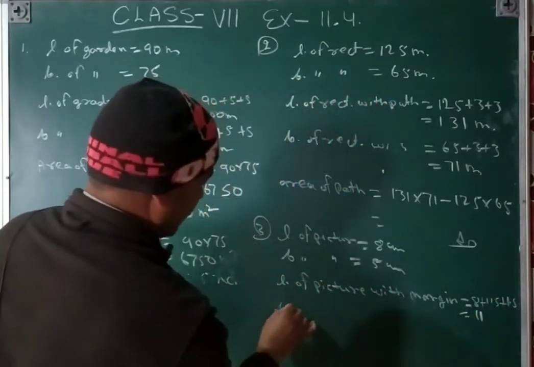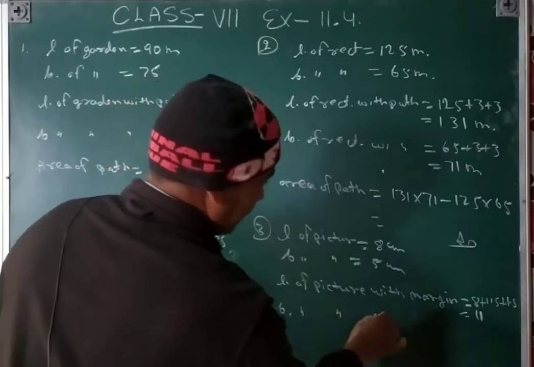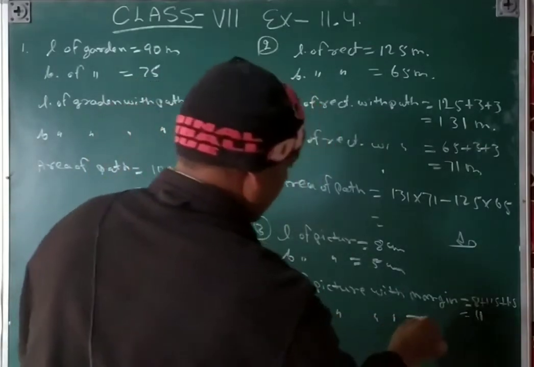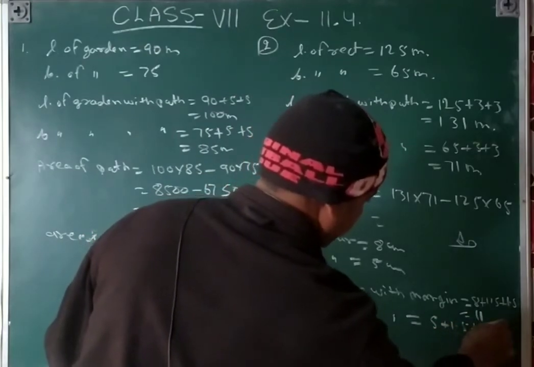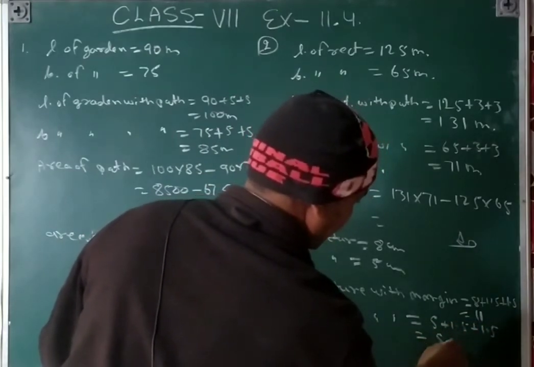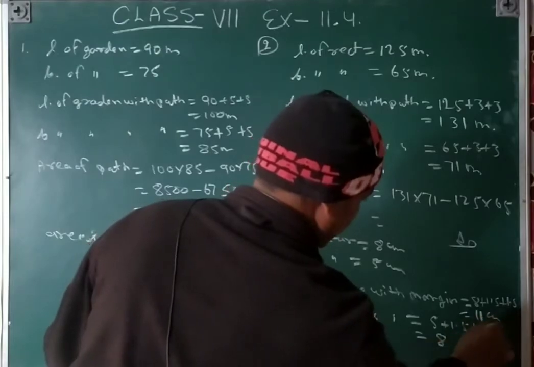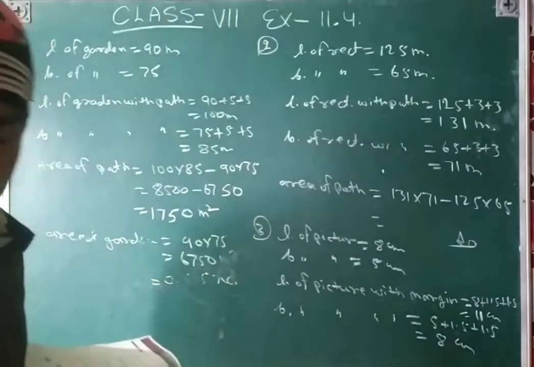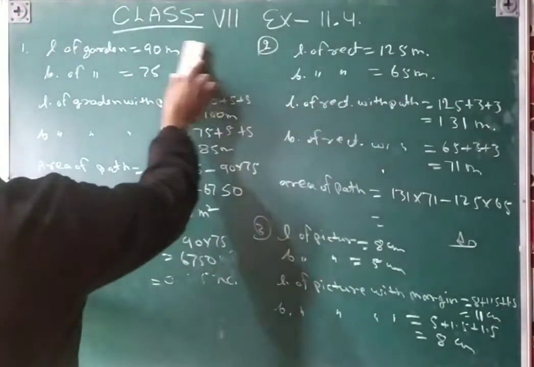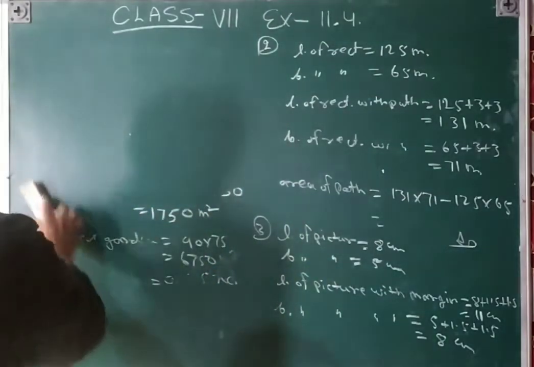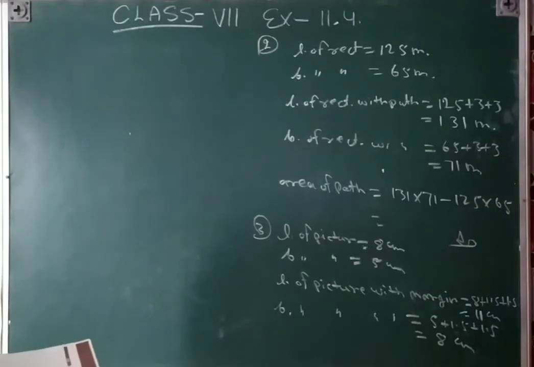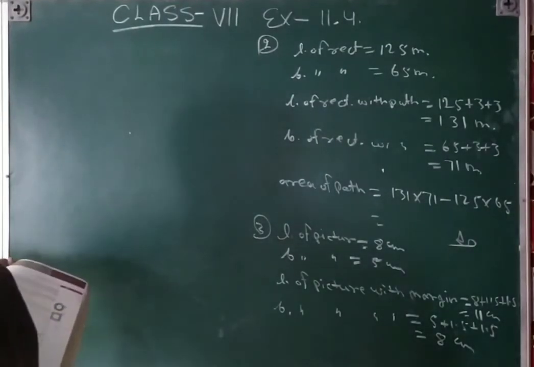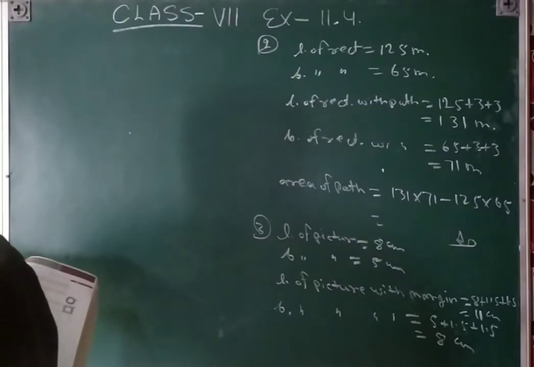And then breadth of picture with margin is equal to 5 plus 1.5 plus 1.5, that will be 8 centimeter. Then find the area of margin.